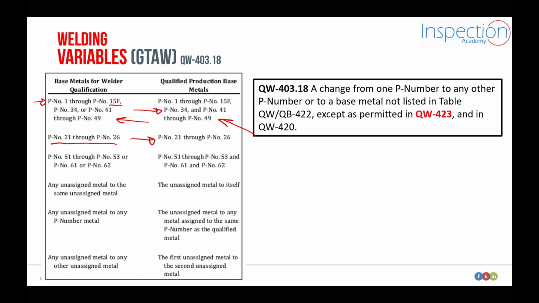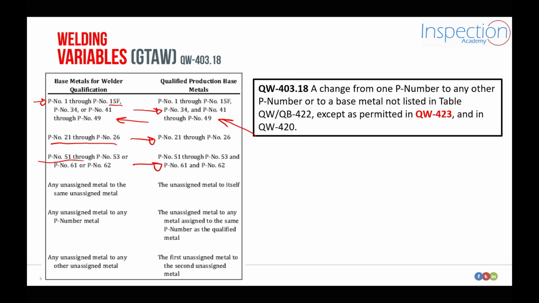If he can weld from P number 51 through P number 53, which is for titanium and titanium base alloys, then the welder can weld from P number 51 through P number 53 and P number 61 and P number 62. So some materials can qualify the welder to weld other materials. If the welder knows how to weld materials from a definite P number, this could qualify him to weld other materials from different P numbers, as we can see on the table.